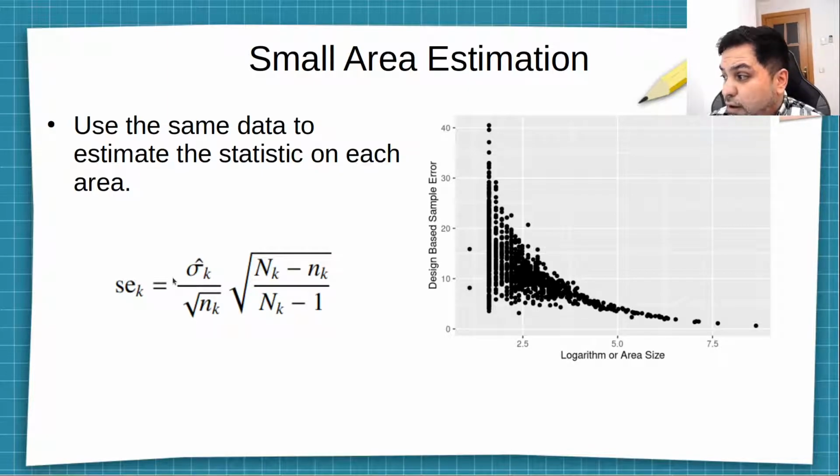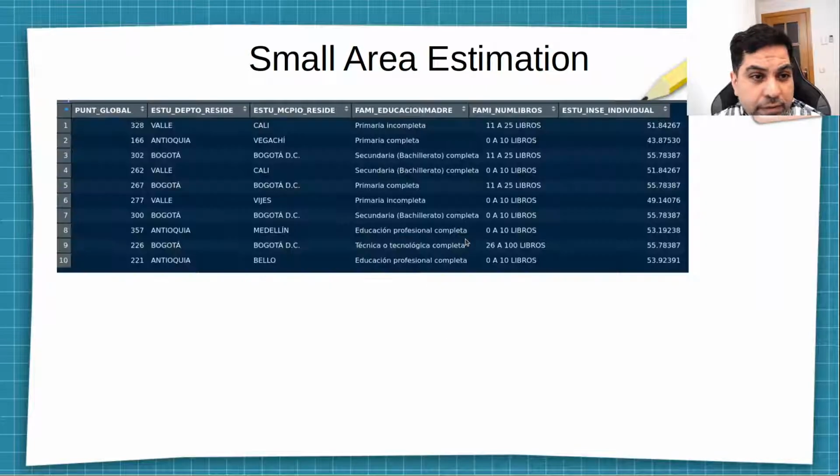Most of them are 5, and others are even lower than that, because that's the whole population of the area. We can see that the error tends to be higher when the area is smaller, and also keep in mind that this scale goes up to 40.